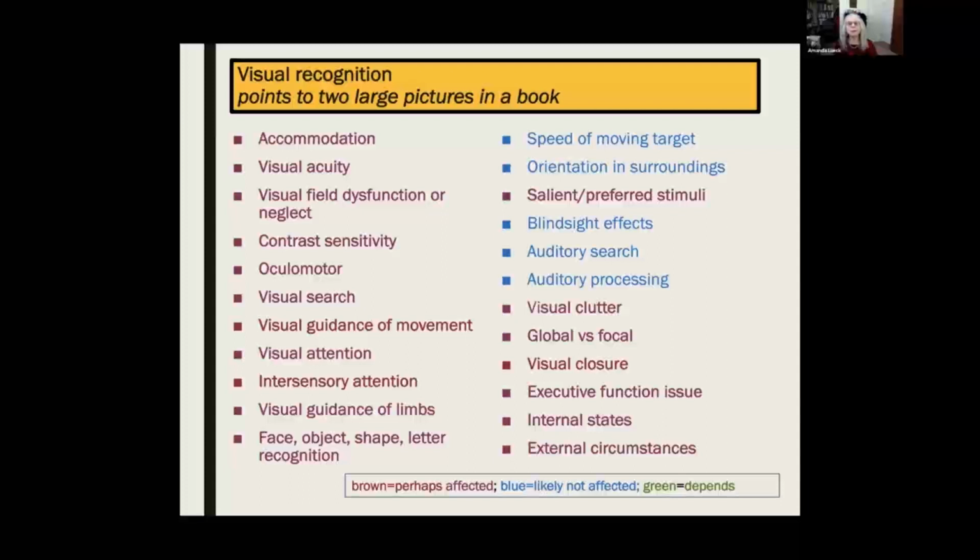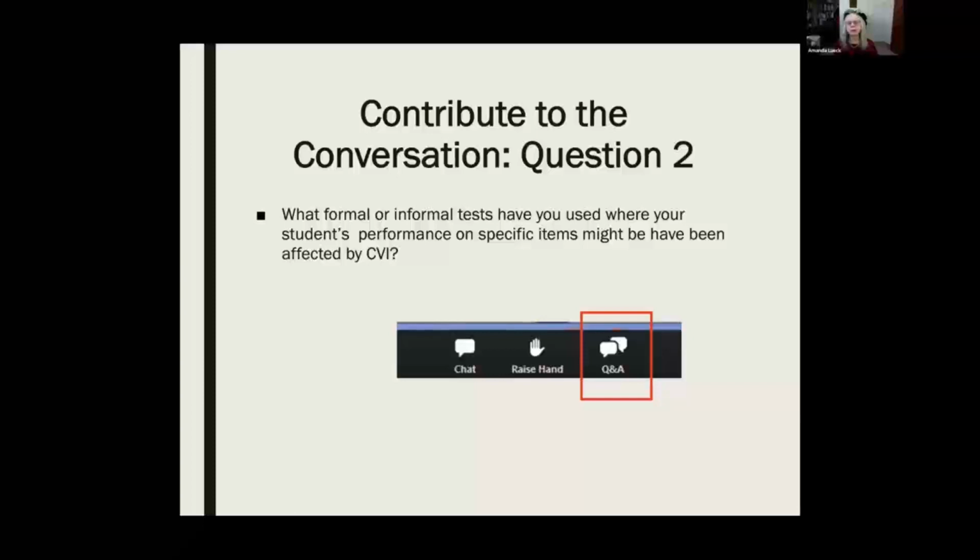Visual guidance of limbs can be affected. Global versus focal. If a child is going right to looking at a picture of a flower and goes right to the center of the flower, the dark part, they may miss that the whole picture is that of a flower. So many of these things can be affected in terms of answering an item, points to large pictures in a book. So let's go to conversation question 2.